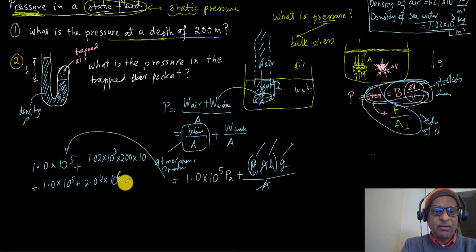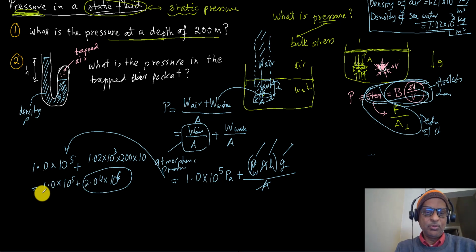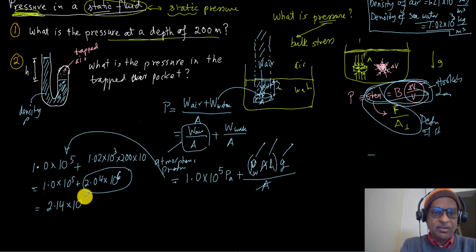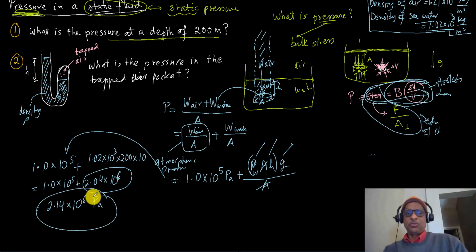So actually the water part is almost 20 times this. So this is equal to, it just goes over the decimal here, about 2.14 times 10 to the power 6 Pascal. So at 200 meters, you have almost 20 times atmospheric pressure down there, unless I made some kind of calculation error here.